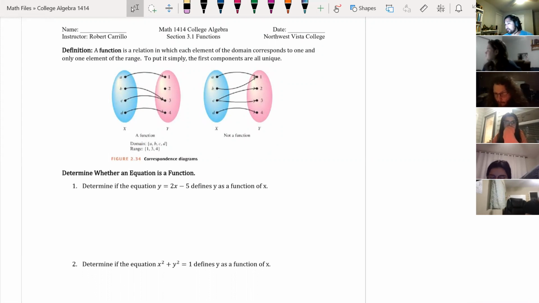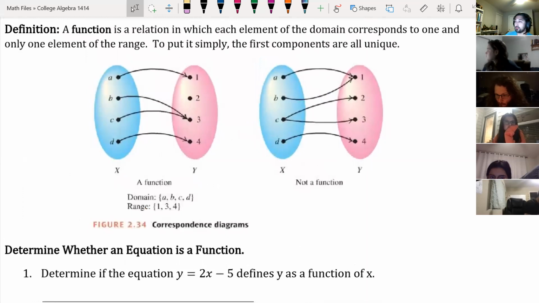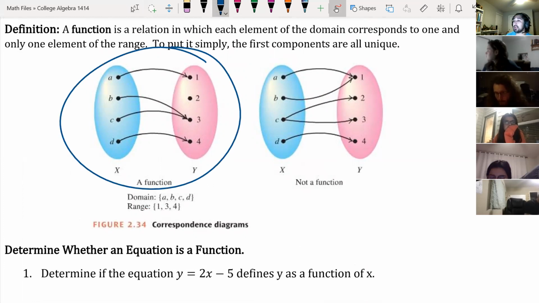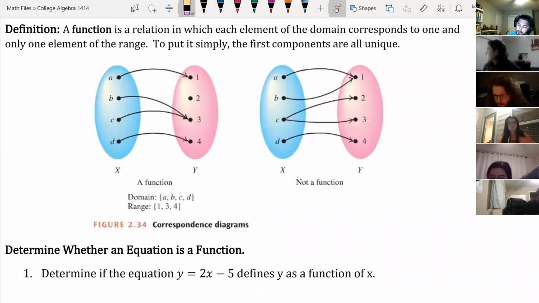So a function is a relation in which each element of the domain corresponds to one and only one element of the range. So to put it simply, the first components are all unique. If you look at the pictures of my blobs, the first picture represents a function. The blue one's my domain.